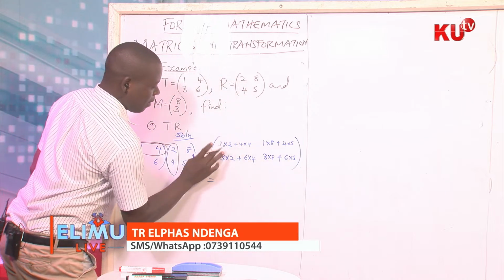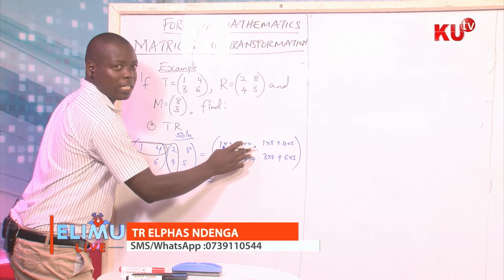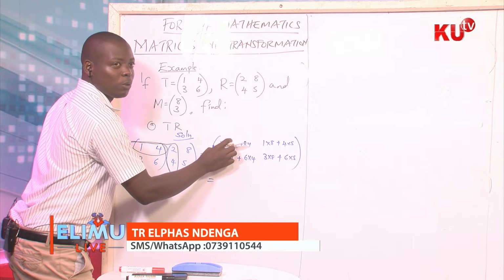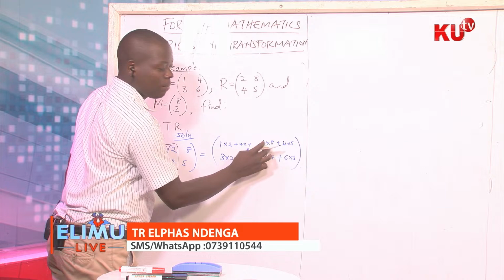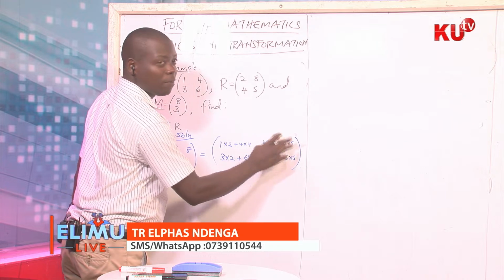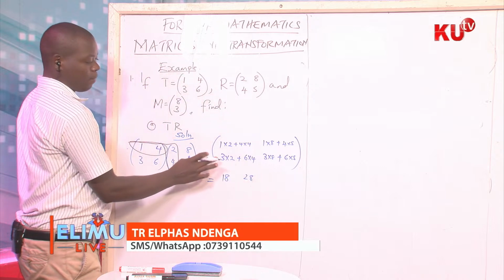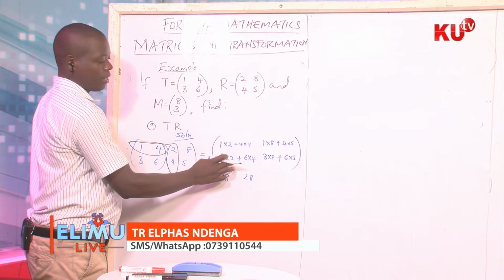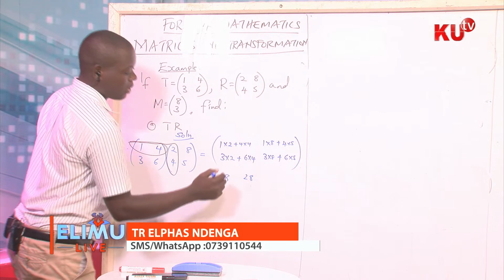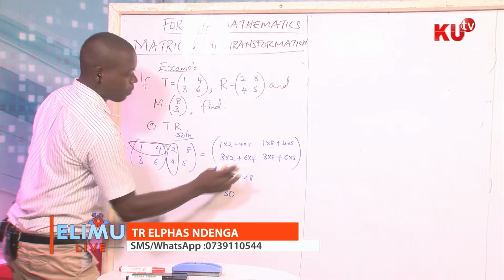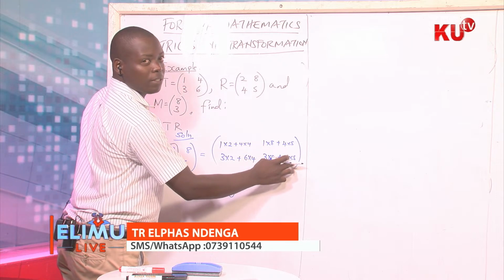So this will be 1 times 2 is 2, 4 times 4 is 16, so 16 plus 2 is 18. 1 times 8 is 8, 4 times 5 is 20. The sum is 28. 3 times 2 is 6, 6 times 4 is 24. The sum is 30. 3 times 8 is 24, 6 times 5 is 30.